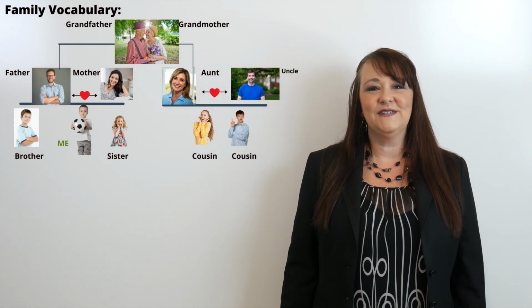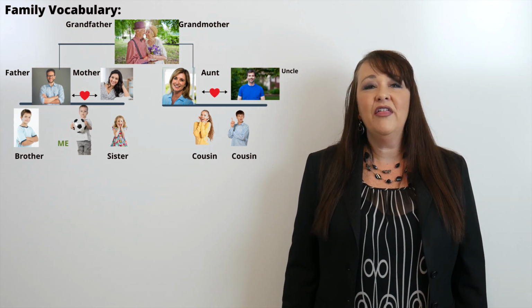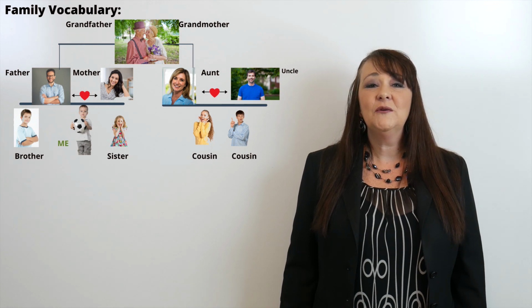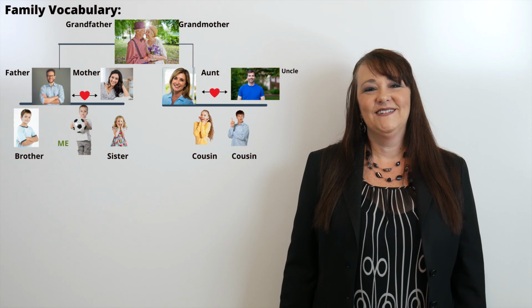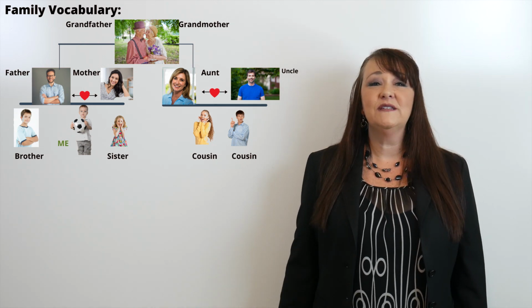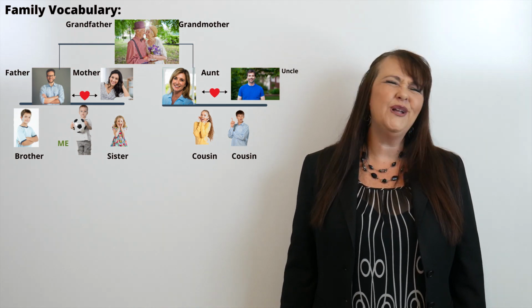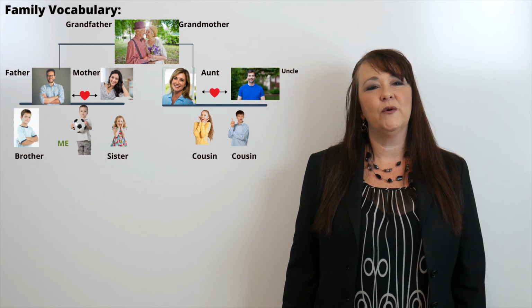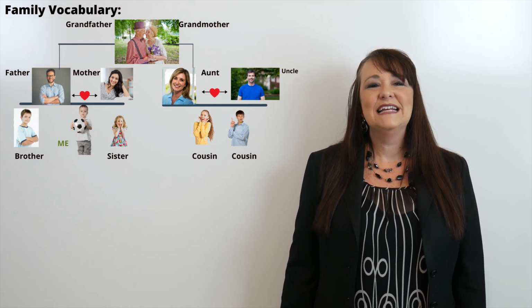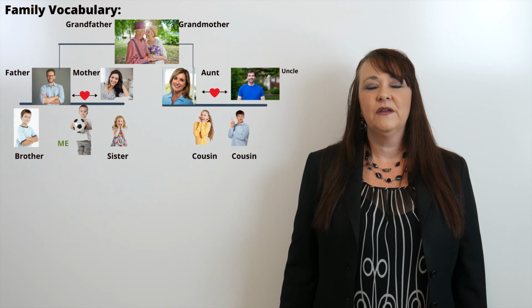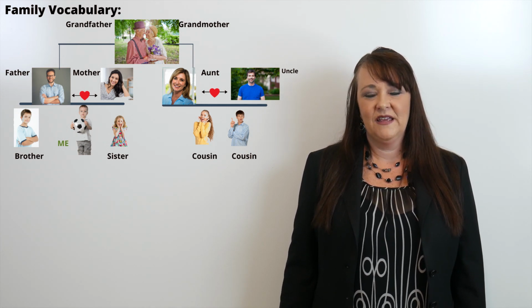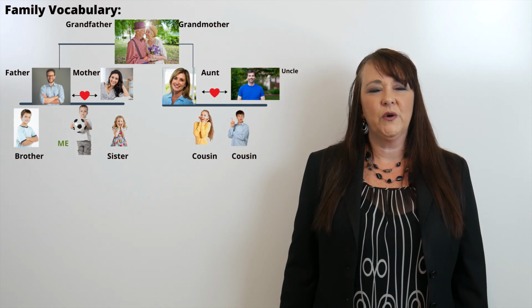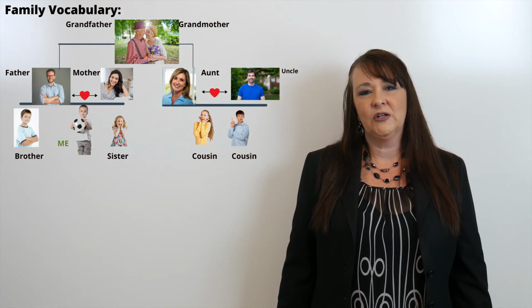You also see the word brother. You say it, brother. The last word you see on the family tree, but not our last vocabulary word, is the word sister. You say it, sister.